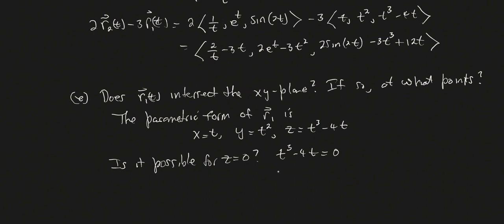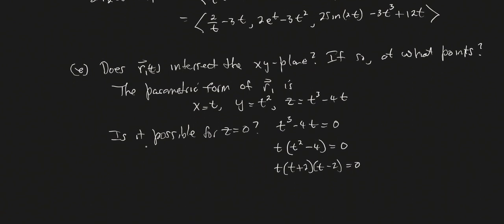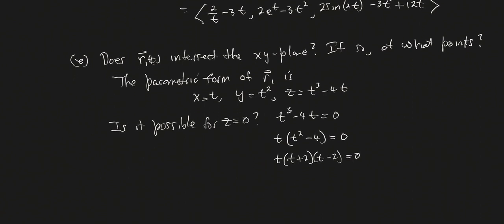So to solve this, let's factor out t on the left, and we're left with t squared minus 4. In parentheses, we have a difference of 2 squares, so that's t plus 2, t minus 2. So not only is it possible, in fact, there are 3 values of t that will make the z component equal to 0. Either t is equal to 0, t is equal to -2, or t is equal to 2.